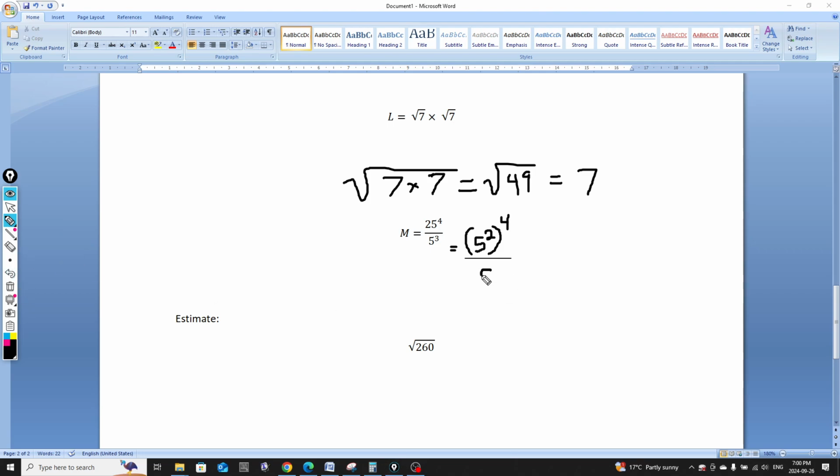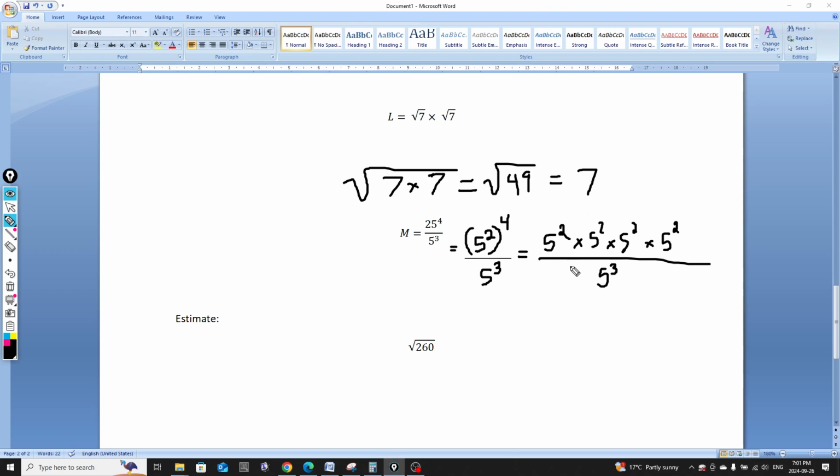Again, there are exponent laws that would make this a lot easier, but you can also just think about it: I've got 5 to the power of 2 times itself 4 times. That means 5 to the power of 2 times 5 to the power of 2 times 5 to the power of 2 times 5 to the power of 2, all of that over 5 to the power of 3.